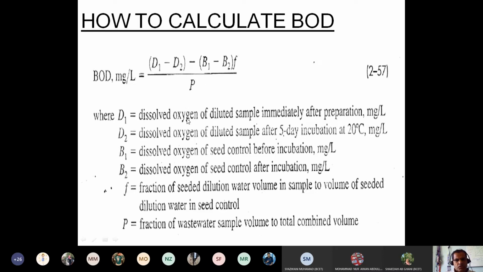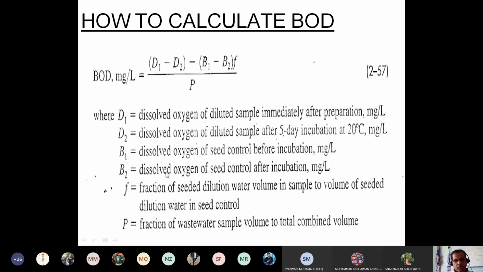D1 is dissolved oxygen of diluted sample immediately after preparation. D2 is dissolved oxygen of diluted sample after 5 days incubation. B1 is dissolved oxygen of seed control before incubation. Incubation, usually we have an incubator and it is 20 degrees C. We have to put our sample inside the incubator for at least 5 days.